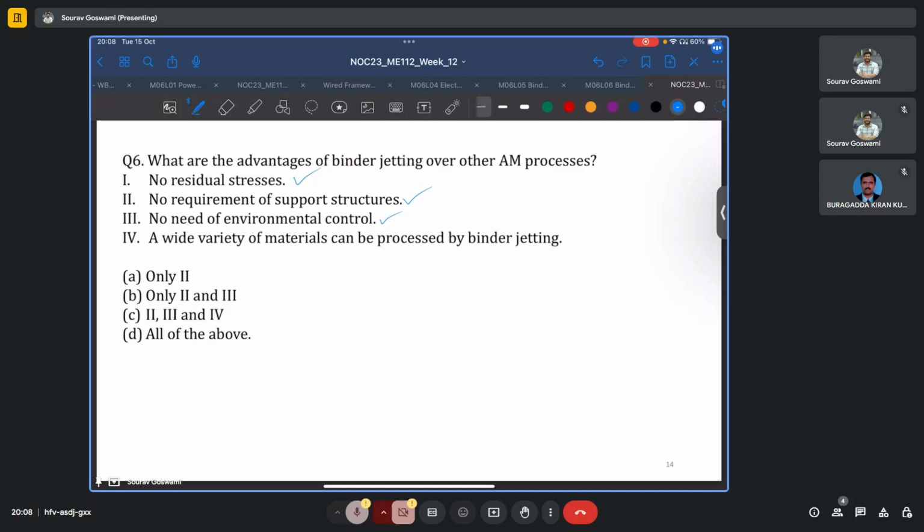So a wide variety of materials can be processed by binder jetting. This should also be clear by our discussion of the paper by Mostafi, which highlighted some of these aspects really well. And as such, 1, 2, 3, and 4 all are correct. And so all of the above options hold true.